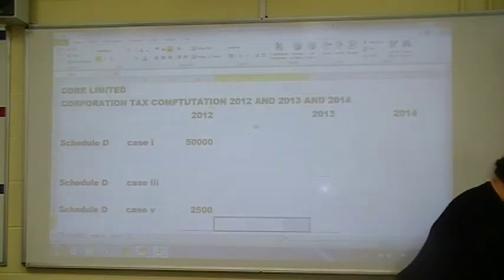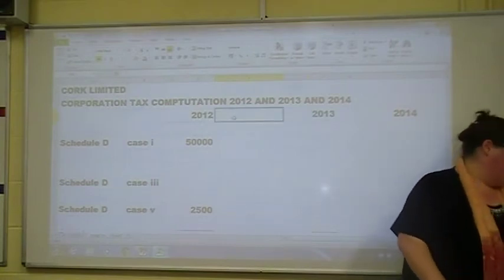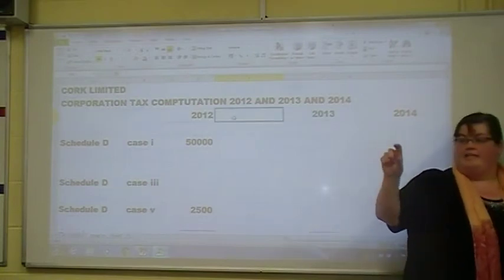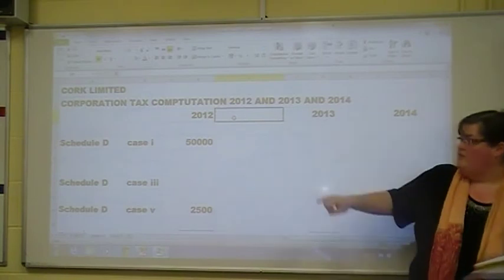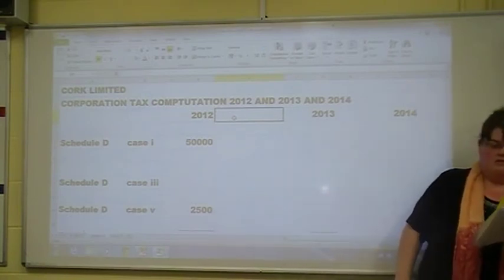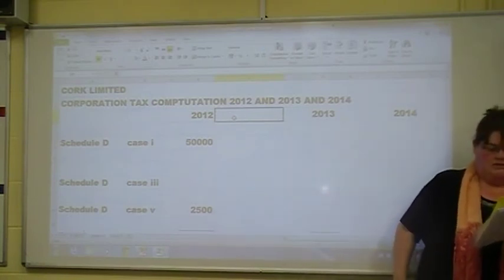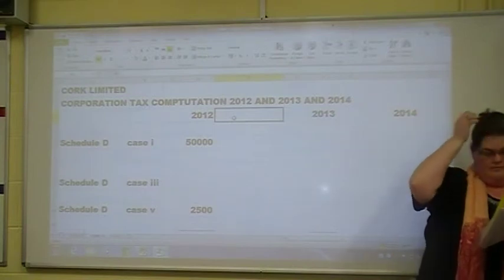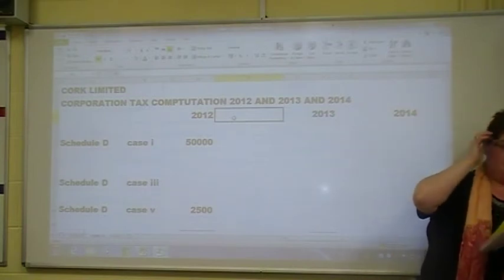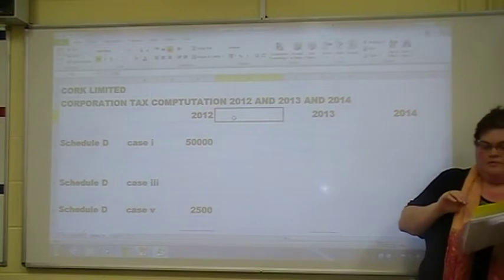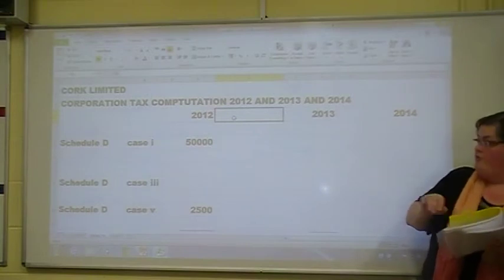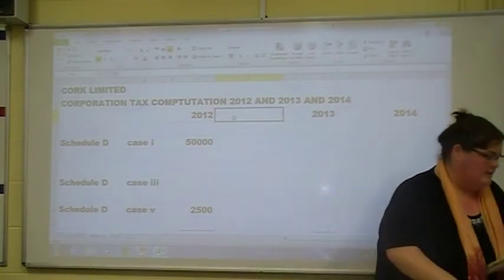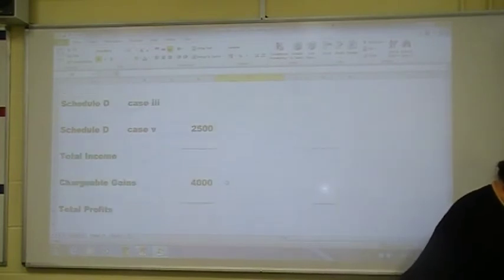Okay, that's our 2012 year. So our case 1 is 50,000, and remember to leave the space so you can actually bring your loss in under the 50,000. Okay, 2.5 for our case 5, and then 4,000 for our chargeable gain.